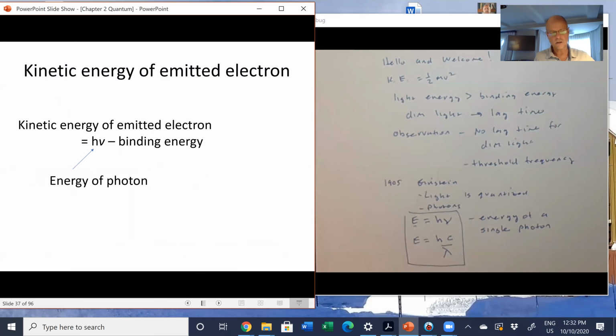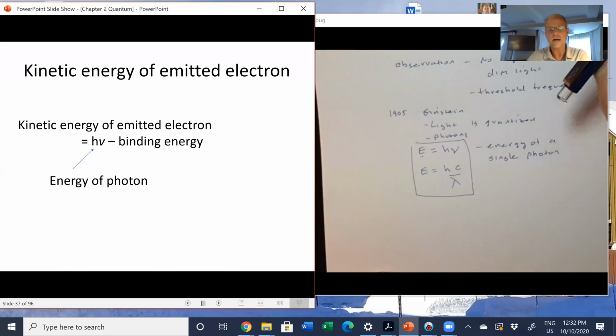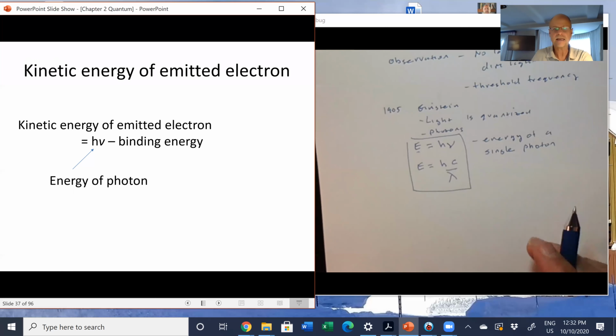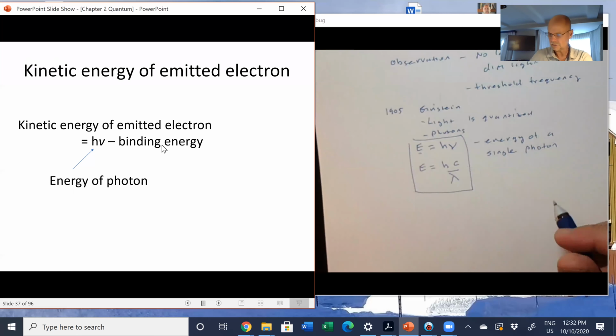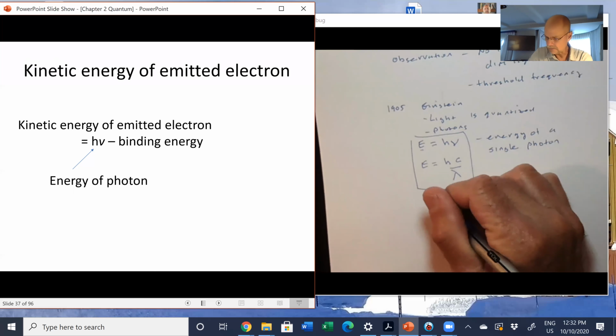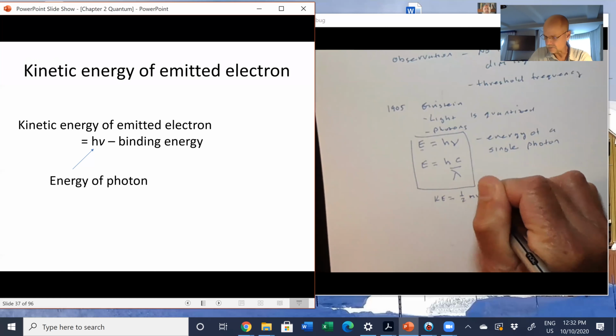All right, so the equation that we can use to understand the photoelectric effect is that the kinetic energy of the emitted electron is equal to the energy of the photon, h nu, minus the binding energy of the electron to the metal. The kinetic energy is equal to 1/2 mv squared.